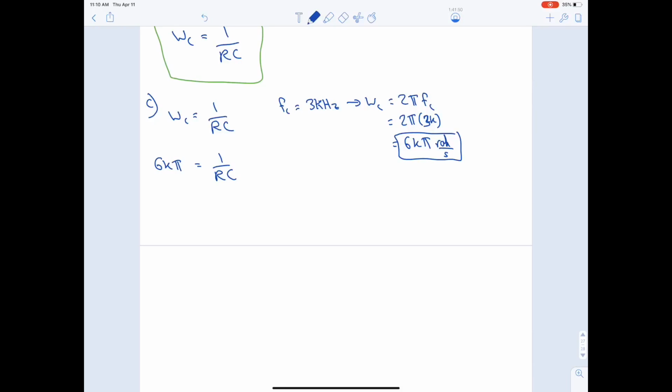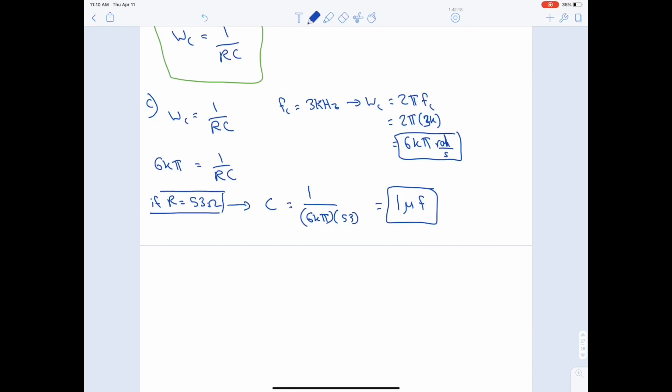If we choose a resistance of 53, if we say R is equal to 53 ohm, then C is equal to 1 over 6 kilo pi multiplied by 53, which is equal to 1 microfarad. This is a design question, so you need to assume one value to find the other, or you can say C is equal to 1 microfarad, which will give you a resistance of 53 ohm.